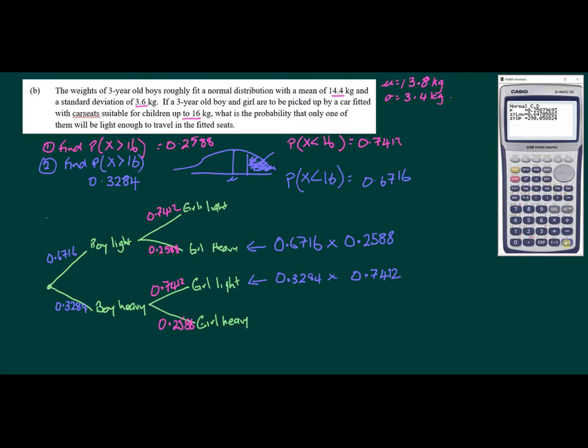On our calculator, multiplying the first two together, we get 0.1738. Oops, I'm pressing the wrong button here. And this one down here is 0.2434. So now we add those two together. That's how you work the tree diagrams, and we end up with 0.4172.